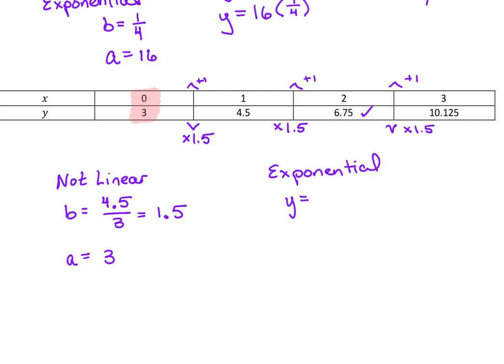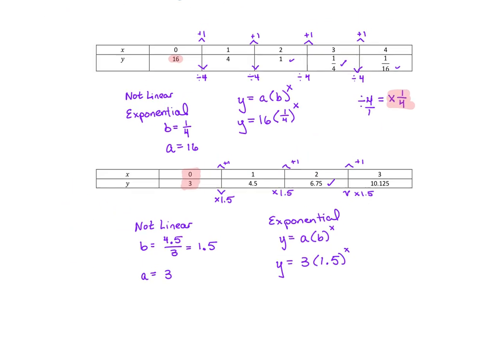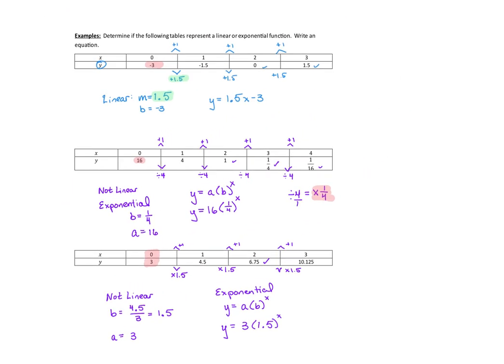And when we plug in our values to our formula, we get y equals 3 times 1.5 raised to the x. All right, that takes care of these first examples.